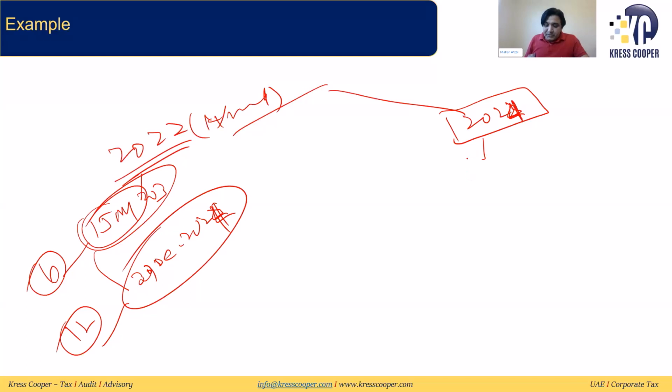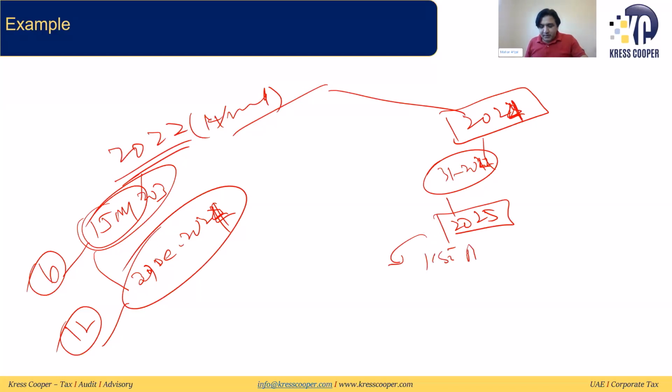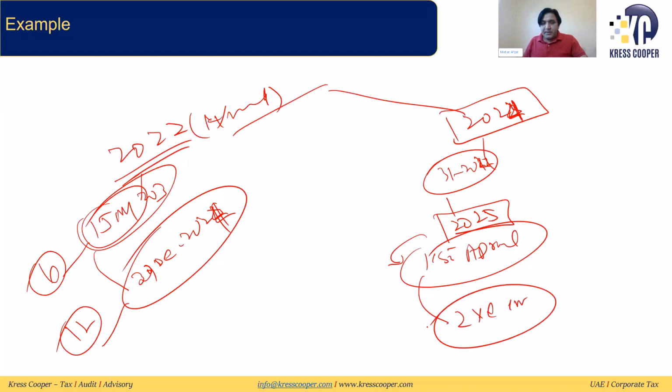The calendar year will end 31st December 2024. After the end of the calendar year, in 2025, the first tax period, assuming the first tax period is starting from 1st of April, from 1st of April onward, 2 years, they need to continue the reporting.